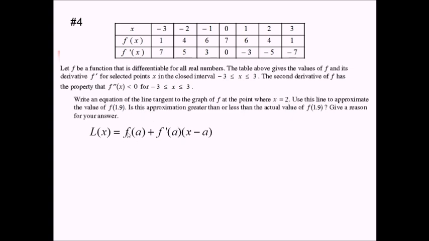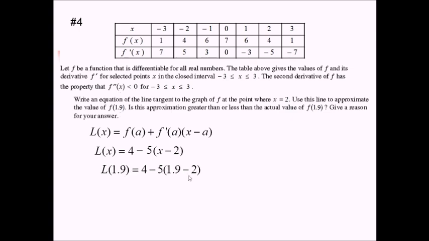So this f of a, we're really just asking about f of 2, which if we look up here is 4. And then f prime of 2 is going to be negative 5. So this is all in the table. And then x minus a really just means x minus 2 in this case. Now we're going to plug in 1.9.